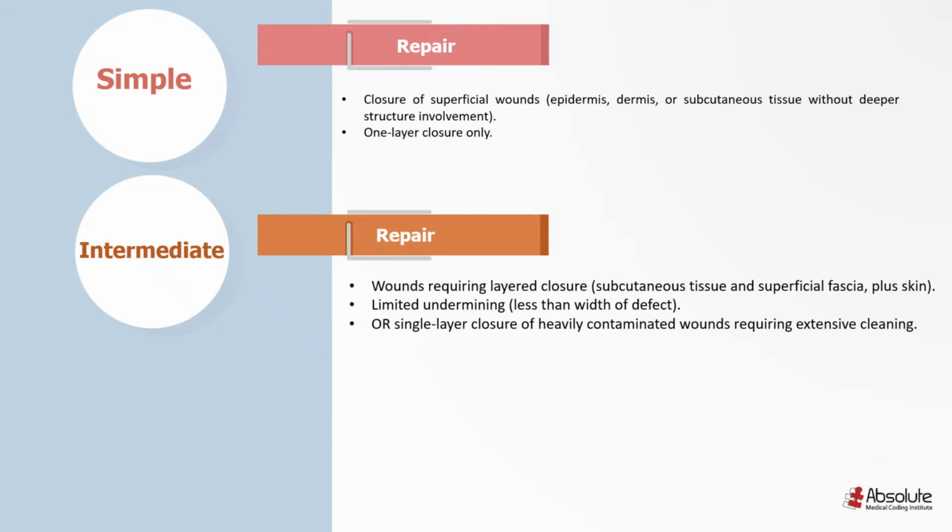So these wounds require more than a single layer closure, and they also involve limited undermining. The single layer closure of heavily contaminated wounds requiring extensive cleaning also falls under an intermediate repair.